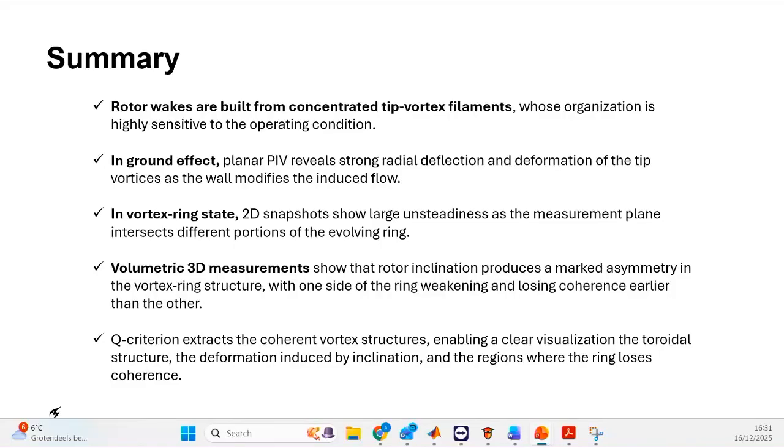And we also see that for a very, very high inclination, we lose the vortex and its coherence. Which means that for us, the Q criterion could be a very good method to identify at least the topology of our structure. But we need to think: is this a real vortex or not?